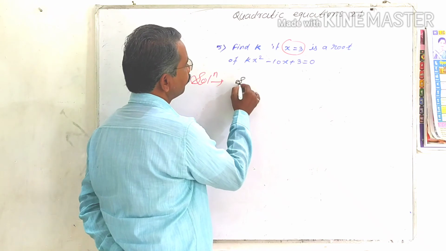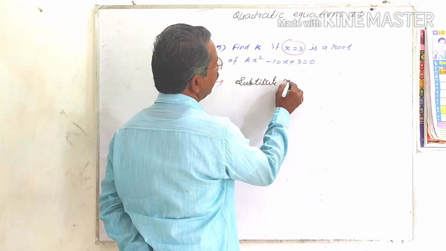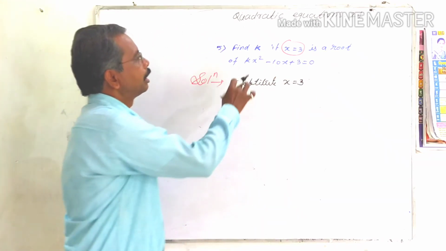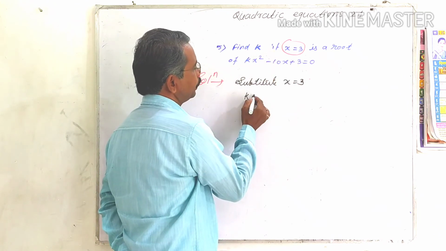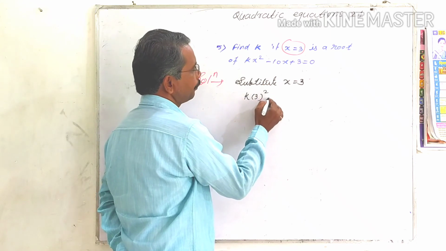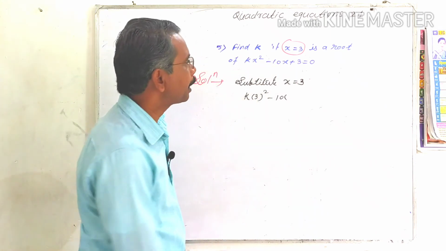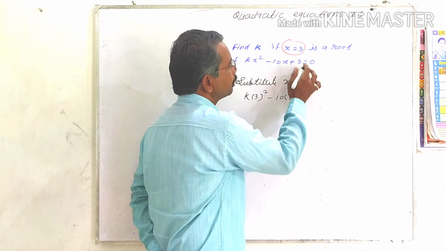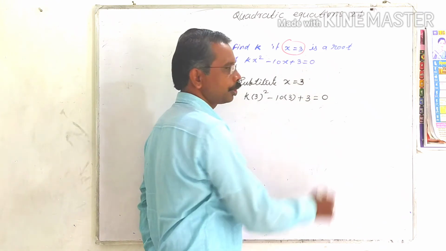Solution. Substitute x equal to 3 in the equation. k, so write down k, x, but x equal to 3, so write down 3 and square, minus 10, here x, but x equal to 3, so write down here 3, plus 3 equal to 0.